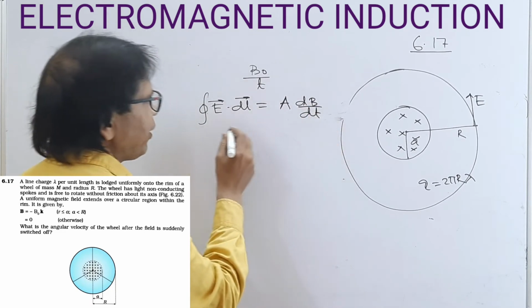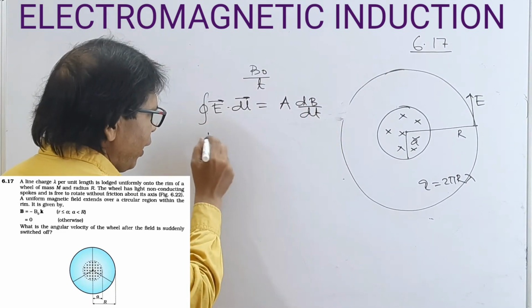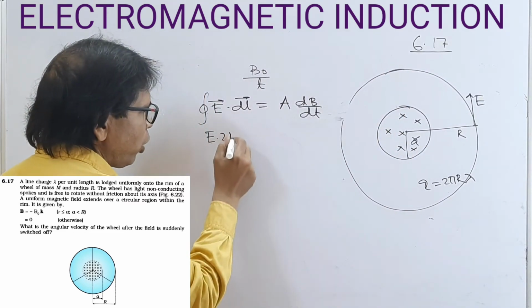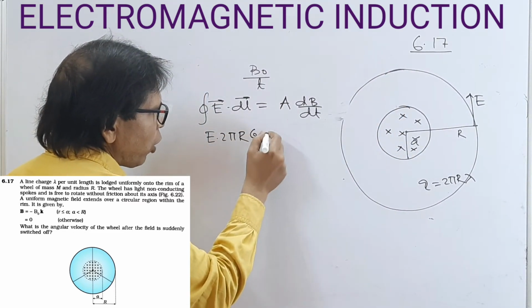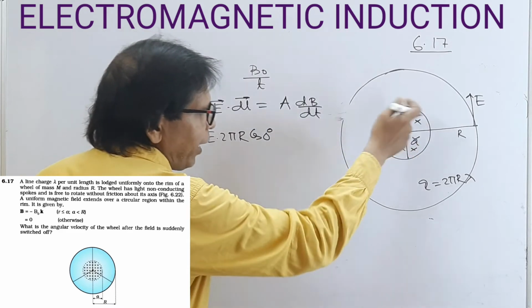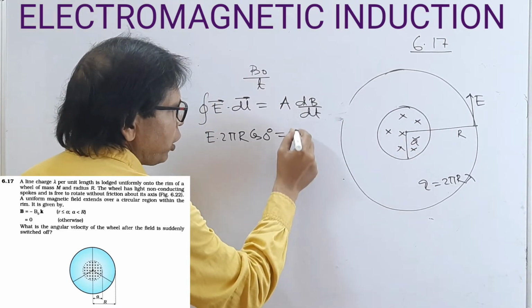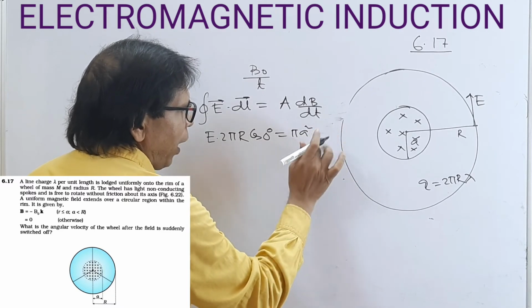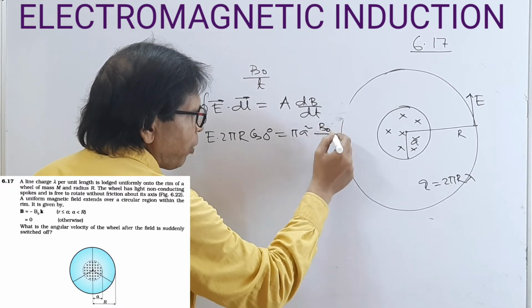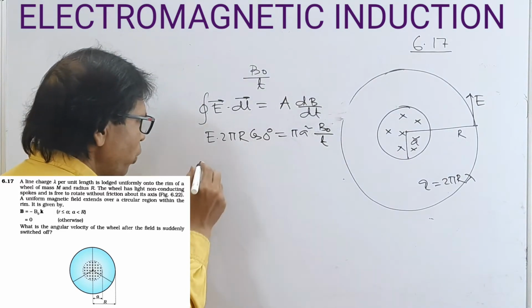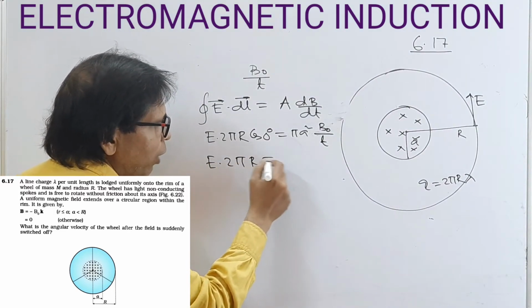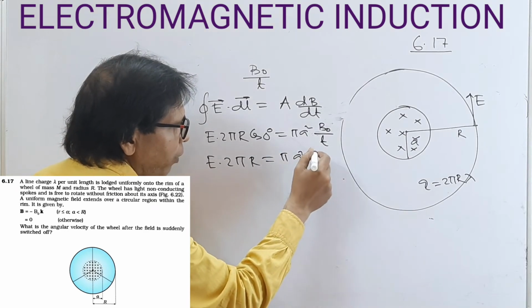Now look at this, here E into dl, which is 2 pi r, this is the cos 0 degree, and A is the area of this region, so this is pi r square into B0 by T. So E into 2 pi r is equal to pi r square B0 by T.